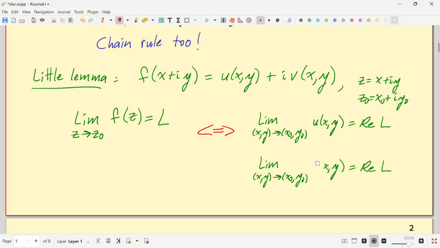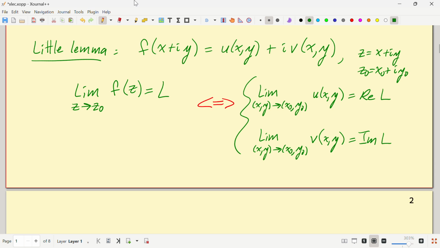So I'll change that to a V, and I'll change this to imaginary part. I don't know if I saved any time by doing that. Those two things. That's sort of an obvious limit. In fact, rather than give you a triangle inequality type proof, I'll give you a picture proof of that.